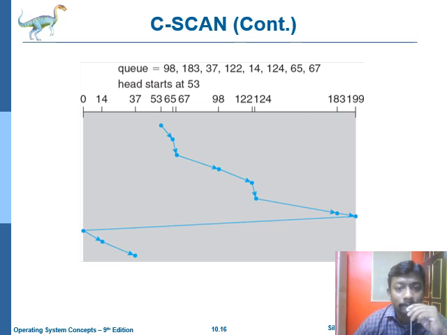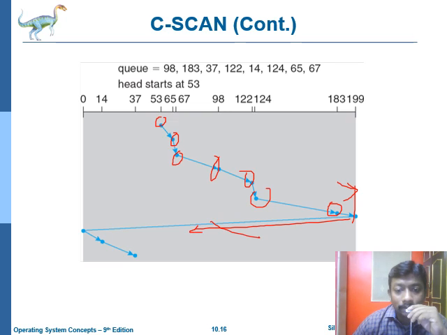The queue is the same, and the head starts at the 53rd. The next sector it has to service is 65, then 67, 98, 122, 124, and 183, and it will come to the end of the disk. From this end of the disk it will not service anything on the return.